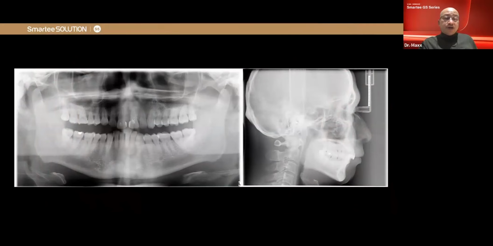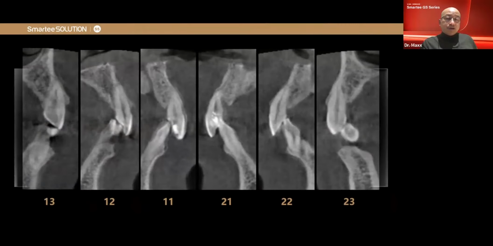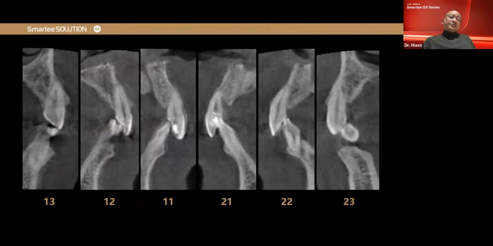Third-degree mobility. And the CT scan tells us, of course, the 11 and the 21 teeth, the two upfront incisors, could not survive. They must be pulled out.